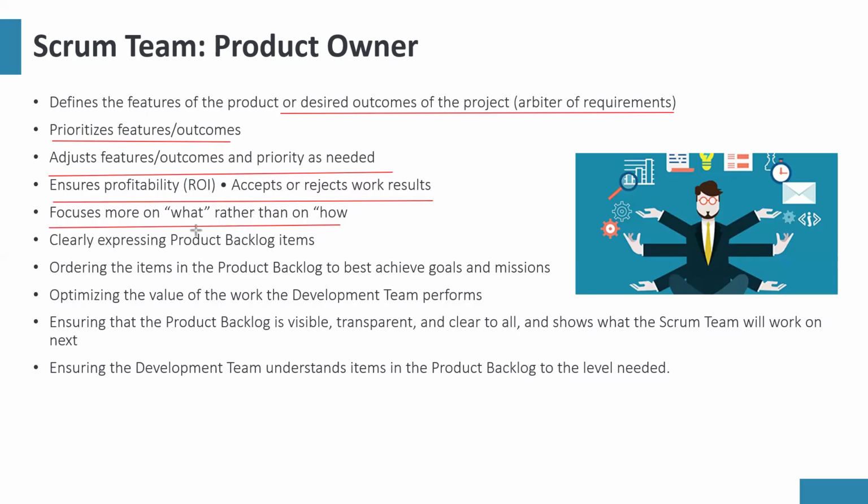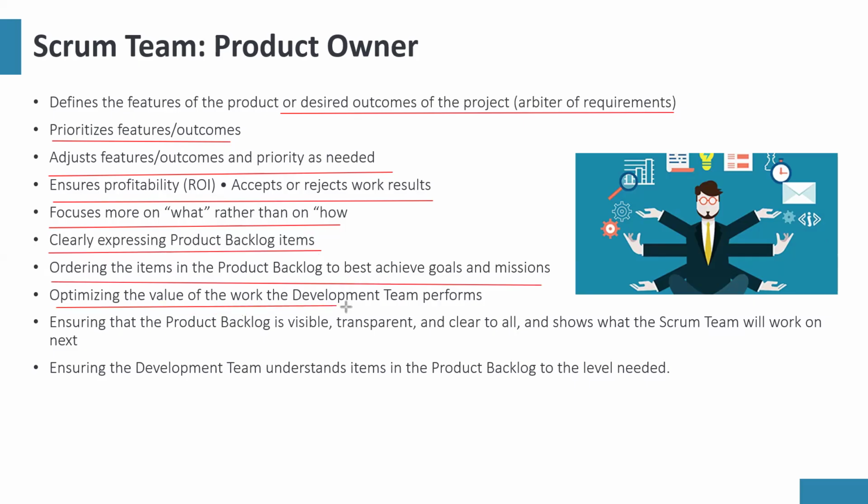So the product owner is the one deciding what will be built, while the developers are the ones that have been assigned to figure out how to build it. They clearly express product backlog items. They order the items in the product backlog to best achieve goals and mission.